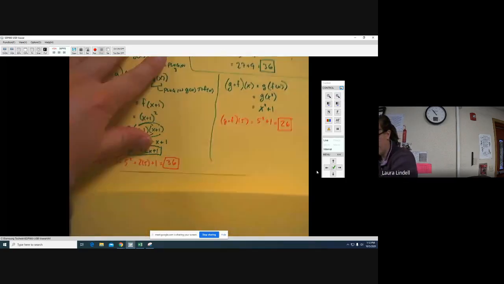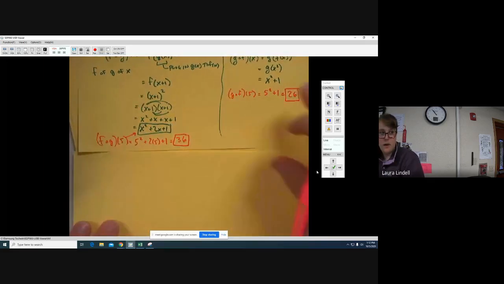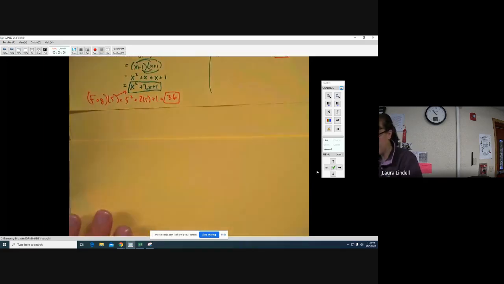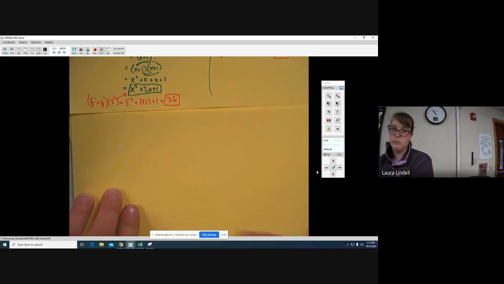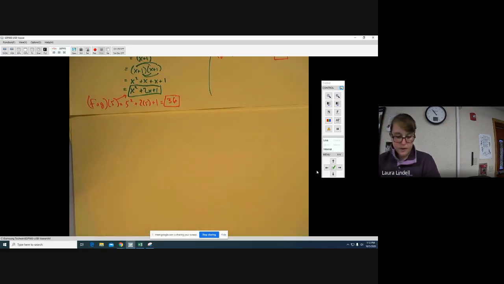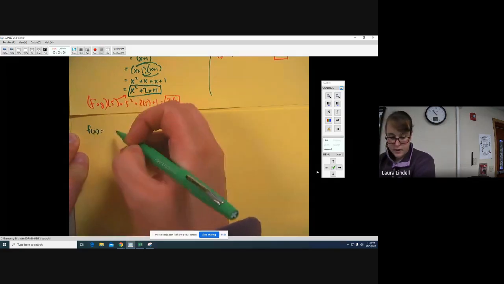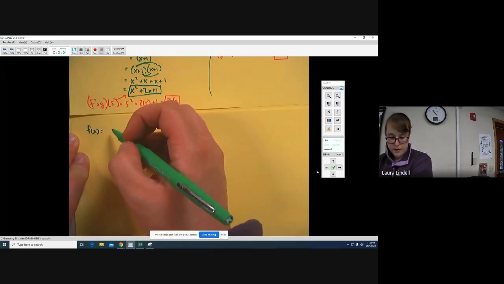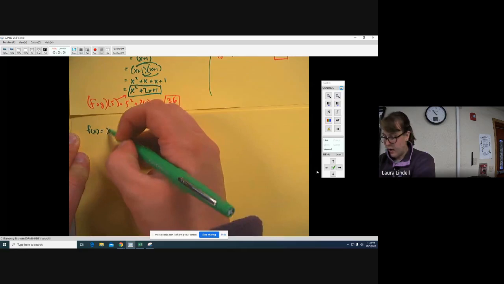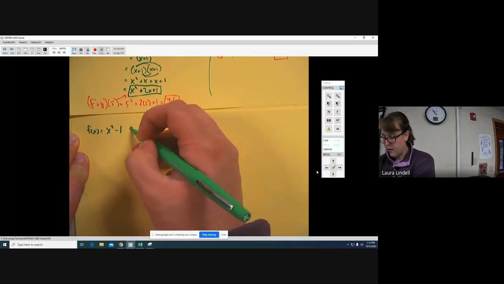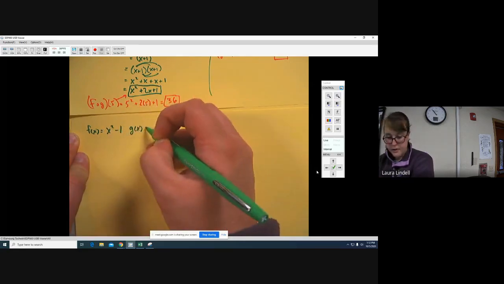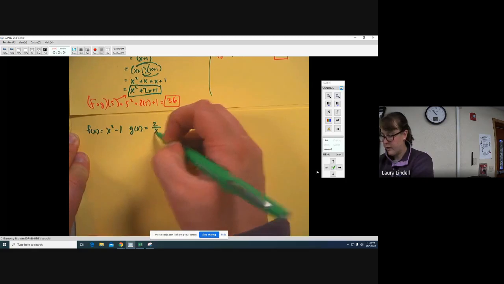I'm going to give us a couple of functions, and you guys are going to try adding, subtracting, multiplying, and dividing real quick. So we'll have f of x is x squared minus 1, and g of x is 2 over x.